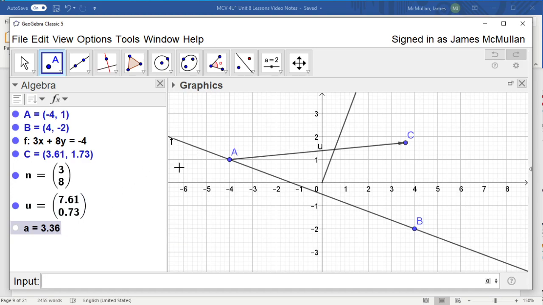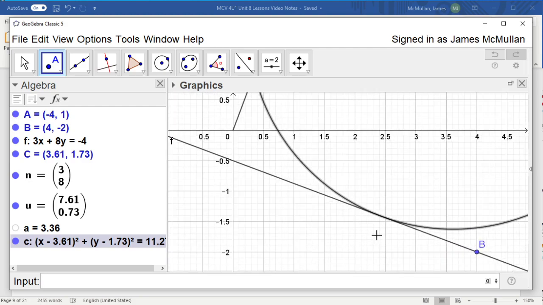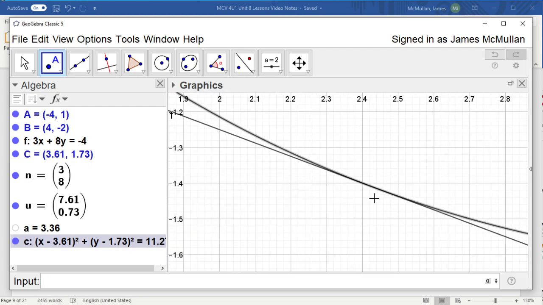What I'm hypothesizing, by the way, is that if I draw a circle at point C with a length of A, it will be tangent to this line. It will touch exactly once, right? And if you zoom in here, I believe that theory is correct.